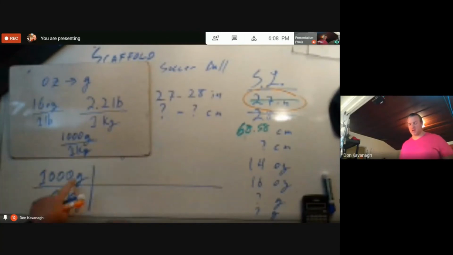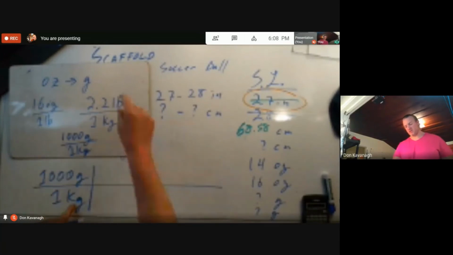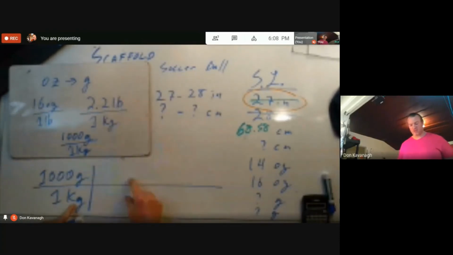Now, I want my final answer in grams, so come hell or high water, I have to cancel out kilograms. This has kilograms in it, so this train car is going to go in my scaffold. But kilograms is on the bottom, and I need kilograms on the top up here.